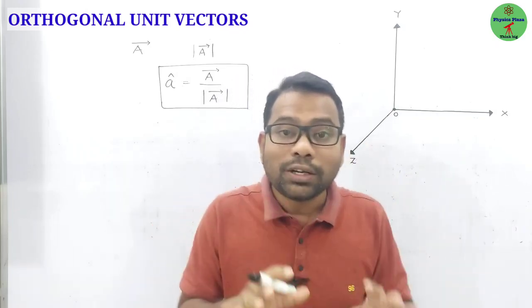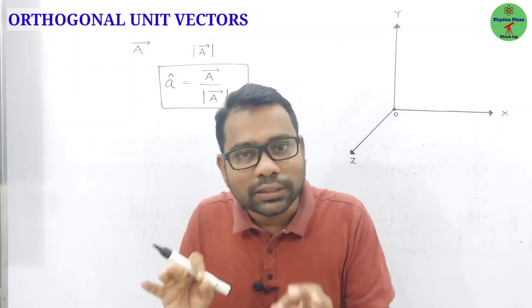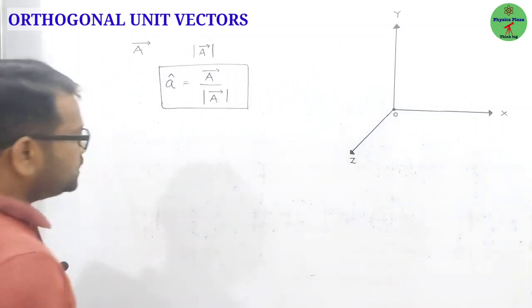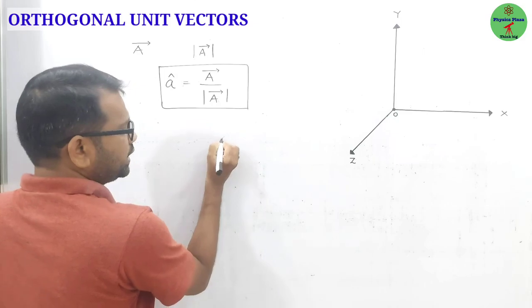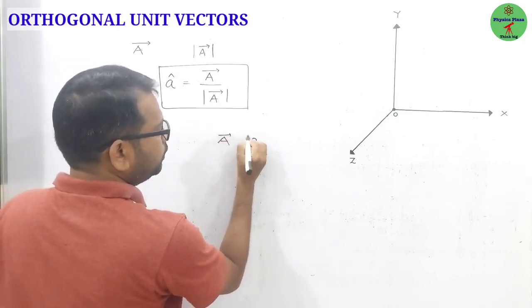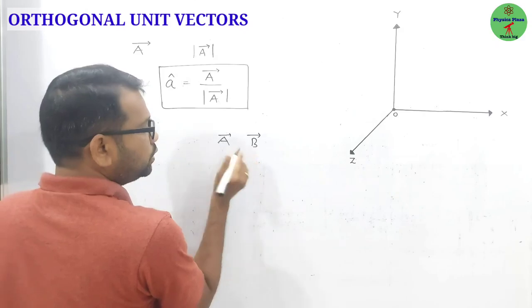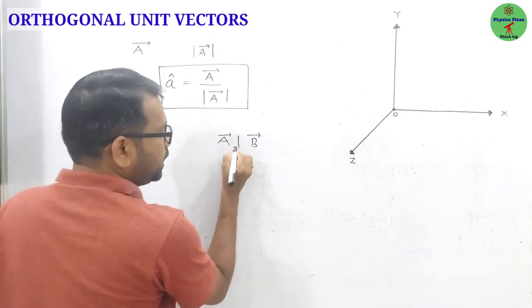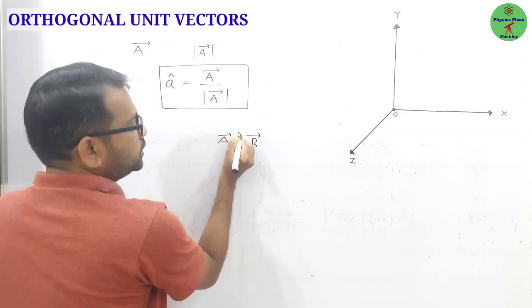Now what are orthogonal vectors? Children, it's very simple. For example, vector A and vector B are orthogonal vectors only when they are perpendicular to each other.